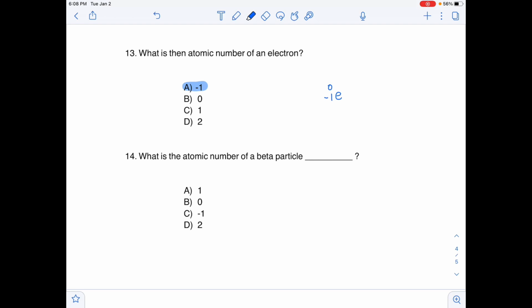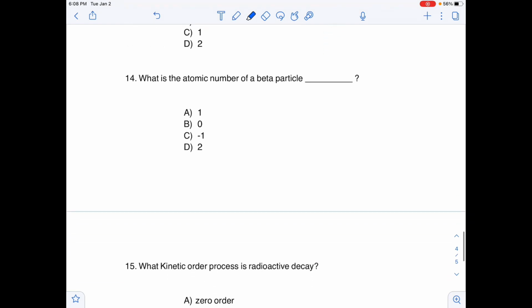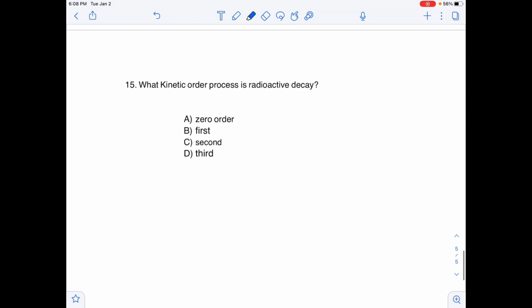So the correct answer is going to be A. For 14, what is the atomic number of a beta particle? Well, the beta particle has like that beta symbol, and the mass number is going to be 0, and the atomic number is going to be the same as the electron, and it's going to be -1. So the correct answer is going to be C.